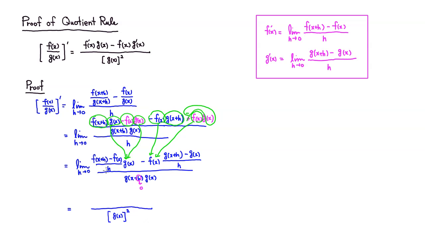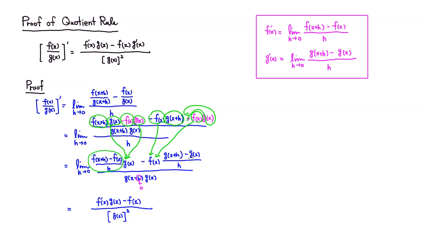Then if you take the limit of this quotient here, that's exactly the derivative of f, so it's f prime of x. g of x has nothing to do with h, so it stays the same because it's basically a constant. f of x is the same way, it stays the same.